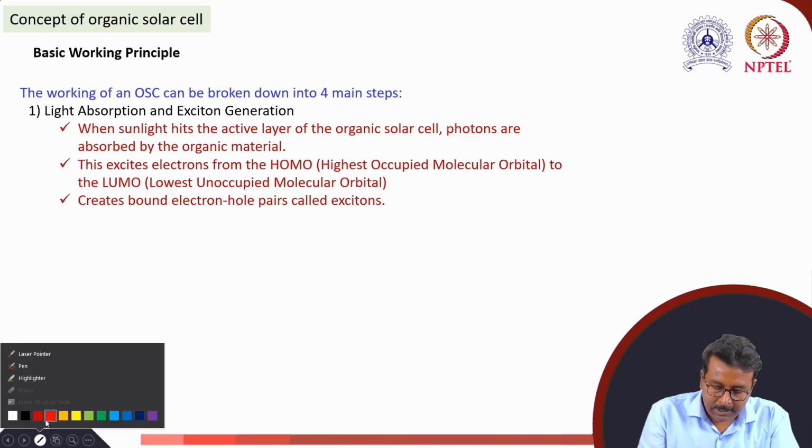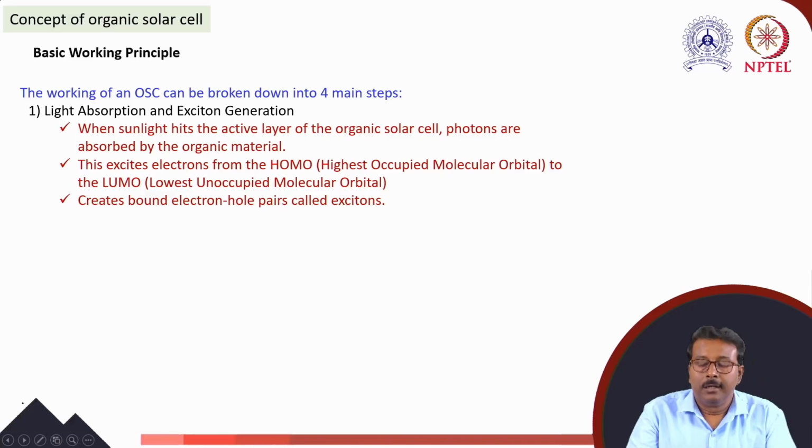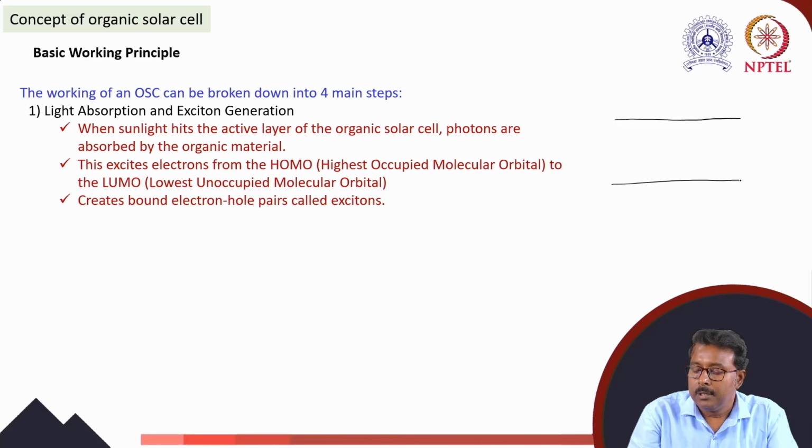Let us first draw the band position in an organic material, and we will discuss what is the exciton. Suppose this is the highest occupied molecular orbital and this is the lowest unoccupied molecular orbital.